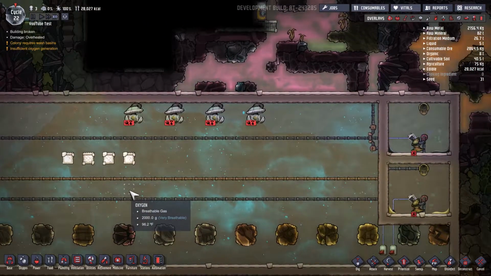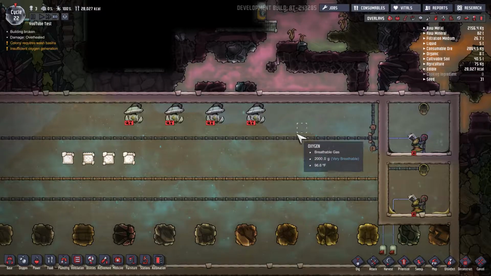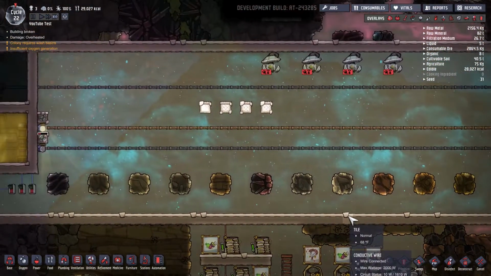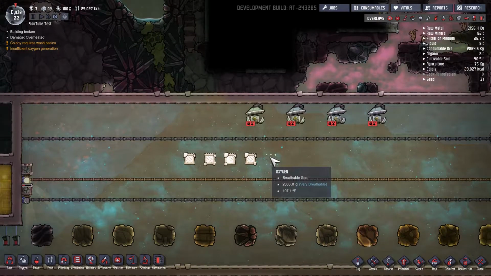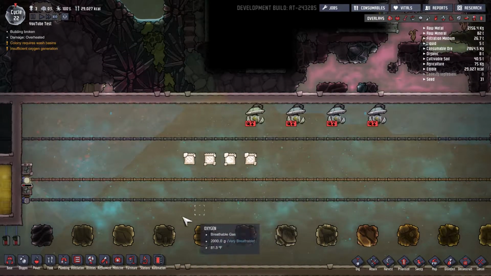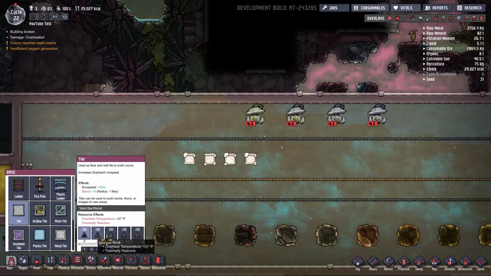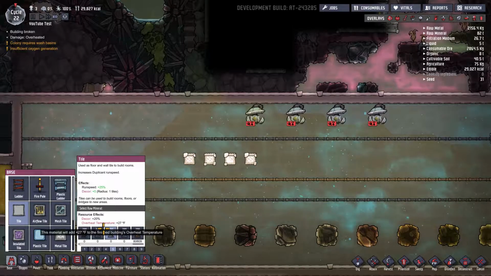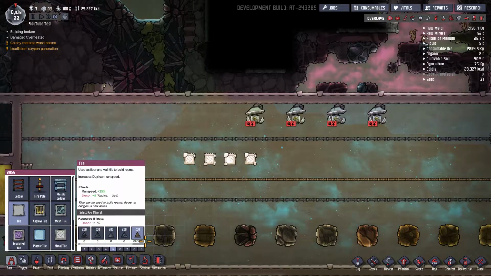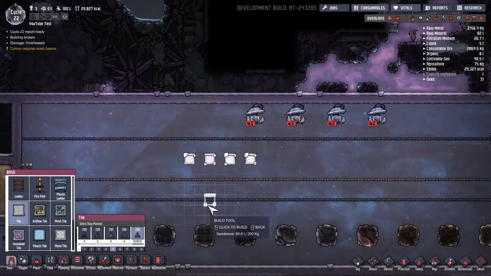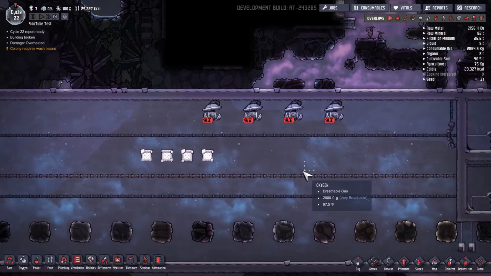Other things you can look at are the decor. Some materials give a bonus decor. So for instance, if you're going to build a floor, you'll see that granite has a bonus decor of 20%. So does sandstone, by 10%. So that adds to the decor of your base.